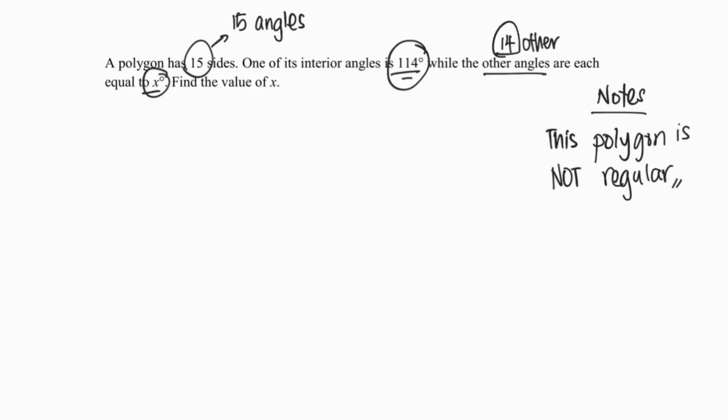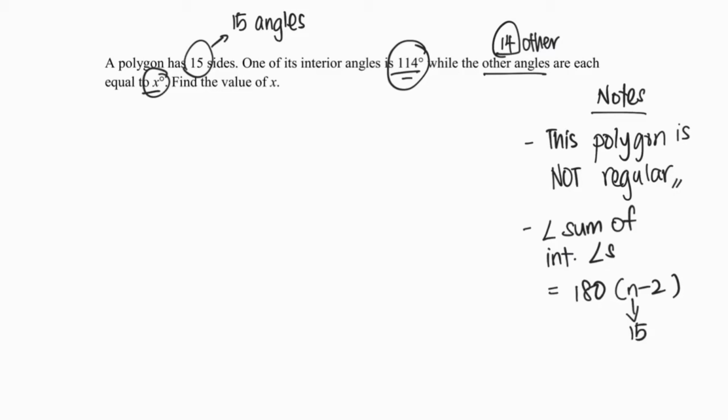Okay? The next thing is the sum of interior angles is equal to 180 times n minus 2. Correct? And now we know number of sides is 15.